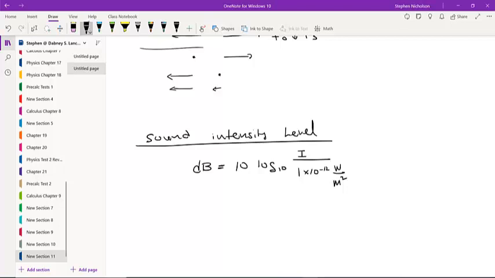The other two things are that multiple sound sources add I. So you don't add decibels together. So a 50 decibel sound plus another 50 decibel sound does not equal a 100 decibel sound. What you have to do is convert 50 decibels to I and then double it.